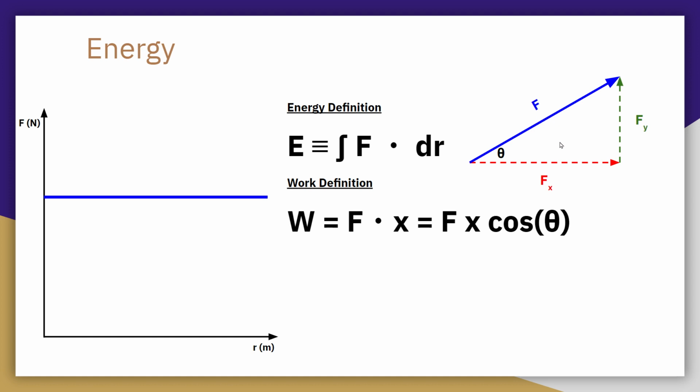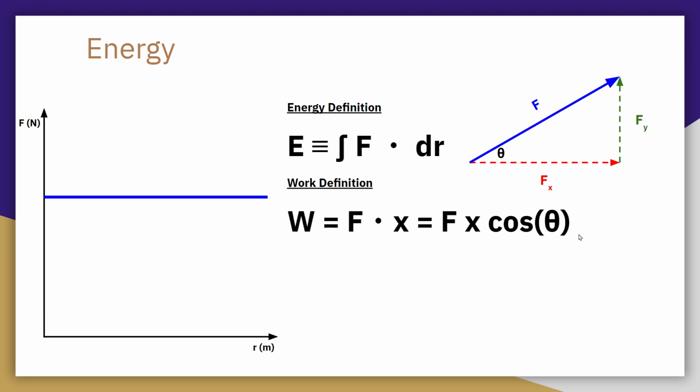So we would need to solve for the horizontal, or the x-axis component of the force. So if this is where the angle is, F_x over the original force is equal to cosine theta. And when we rearrange that, we can say that our force times our cosine theta is equal to F_x. So really, what we're saying here is F sub x times our x, or our displacement, is our work.